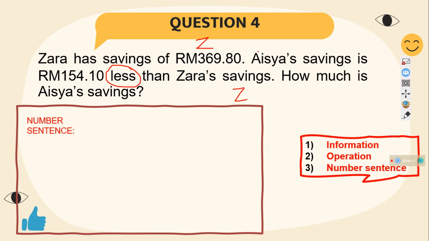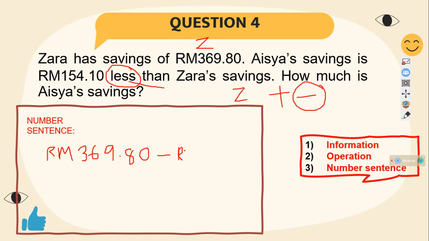It means that Aisha's savings is less than Zara's savings. So which operation do we use? Plus or minus? Less. Remember less. Yes, we use minus. So the number sentence for this question is 369 ringgit 80 cent minus 154 ringgit and 10 cent. Okay, so this is the number sentence for question 4.